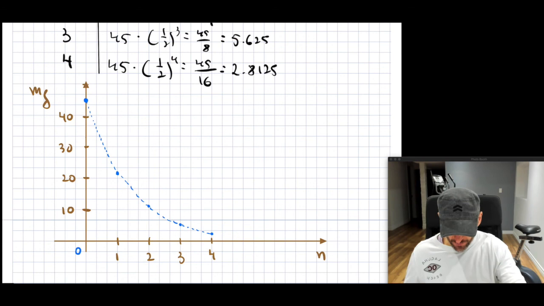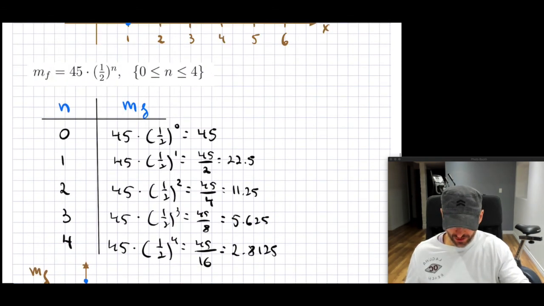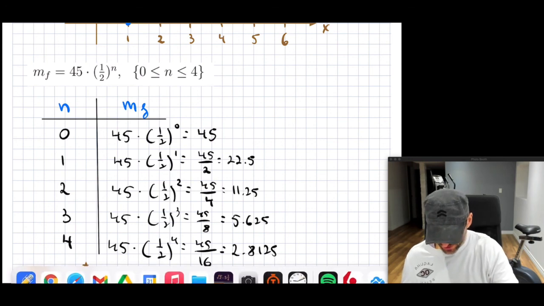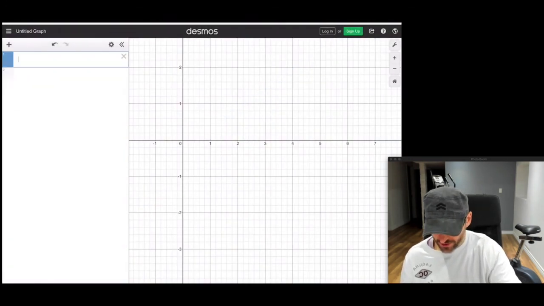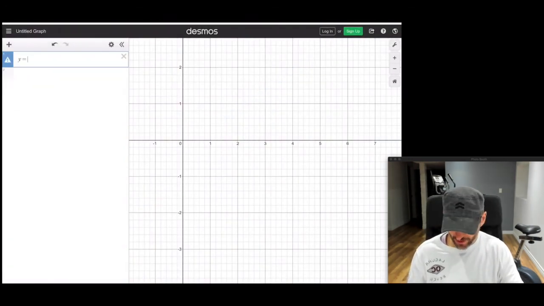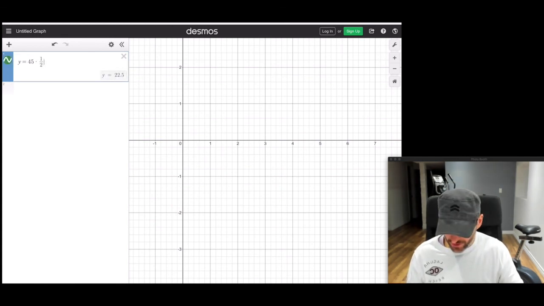So again, for this one, it's 45. If I graph this on Desmos, let's say y is equal to 45 times a half, so 1 over 2 here.